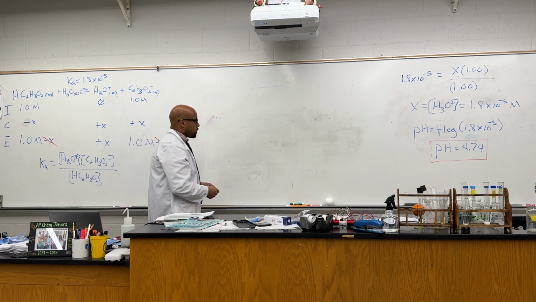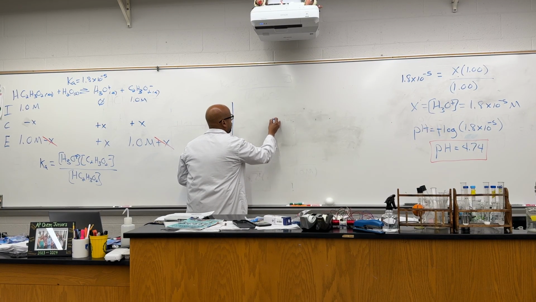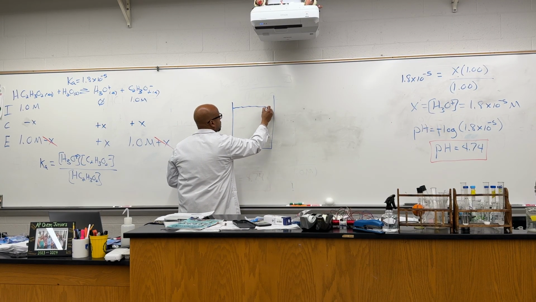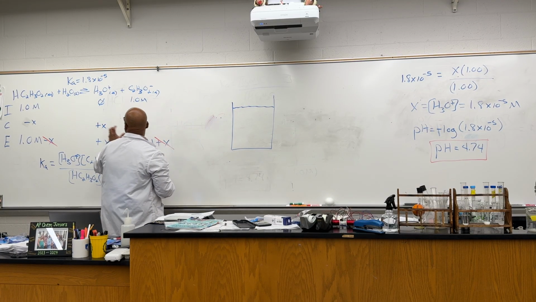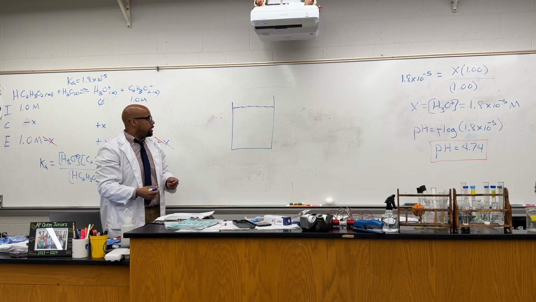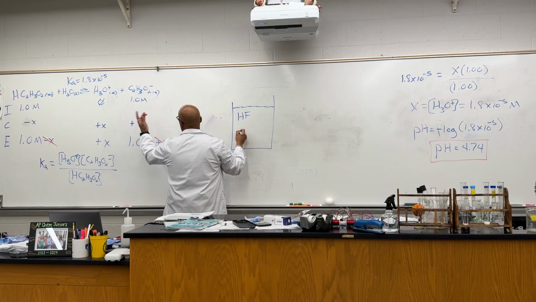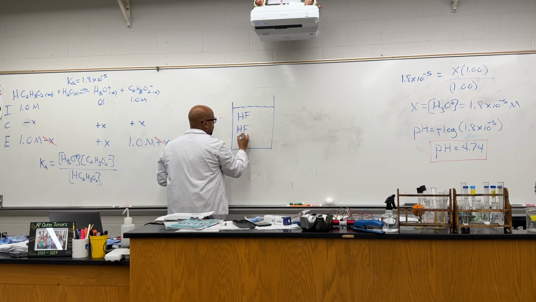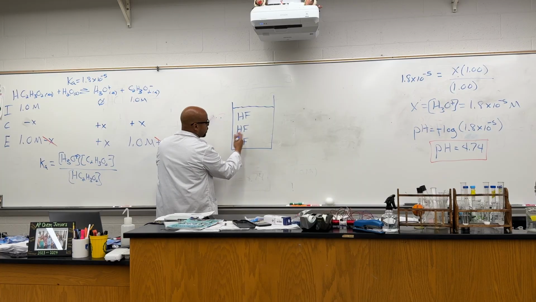Now, before I do this, there's one thing that we need to look at here. If I have a buffer solution, so here goes my buffer solution, instead of acetic acid and acetate as the weak acid and conjugate base, I'm going to go back to the HF scenario. It's just easier for me to write HF, because HF is just a small acid, whereas acetic acid has the C2H3O2, a lot of space.